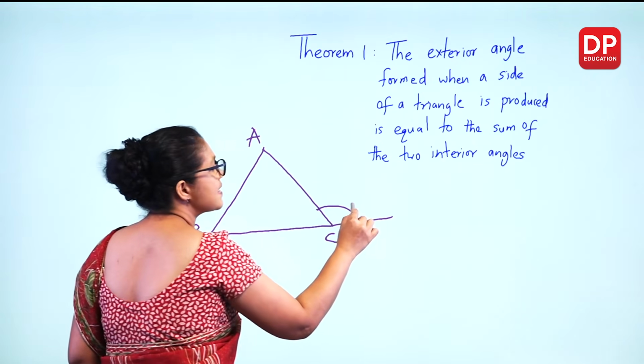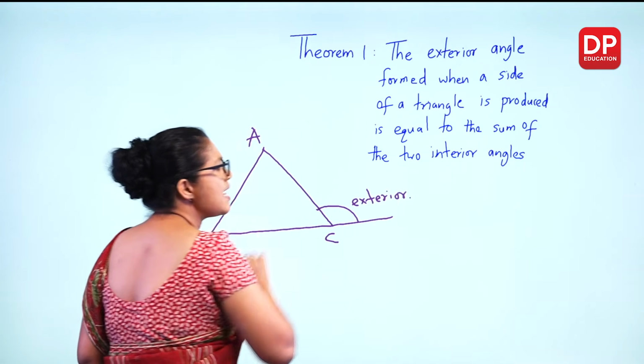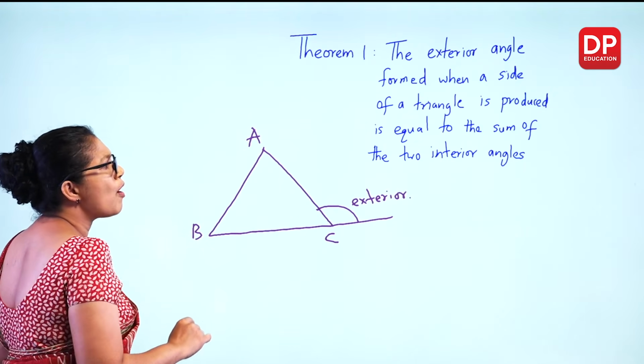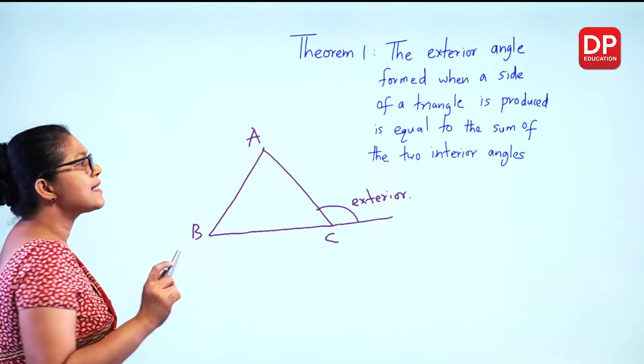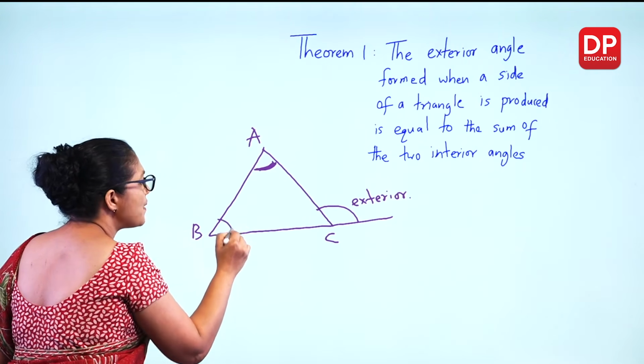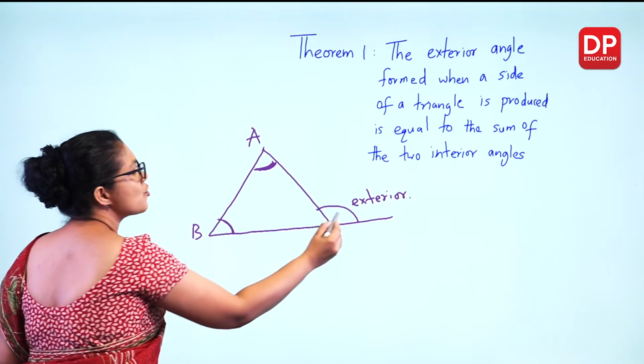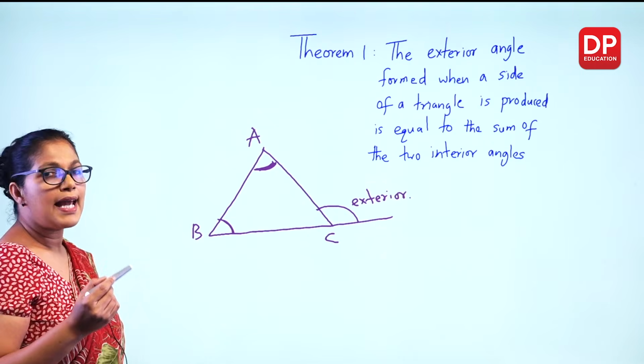So this is the exterior angle. That exterior angle is equal to the sum of the two opposite interior angles. So here these are the two opposite interior angles. Sum of these two is equal to the exterior angle.